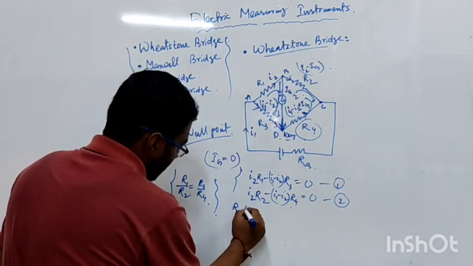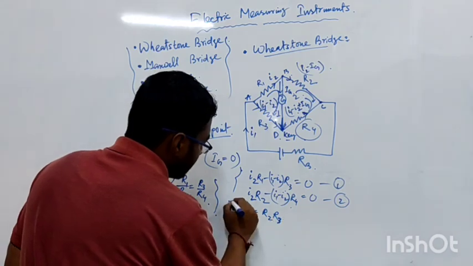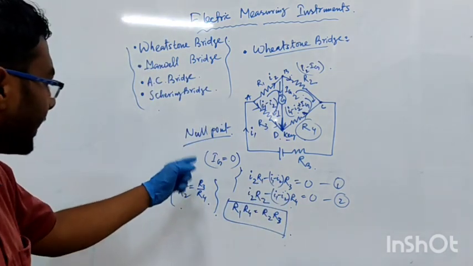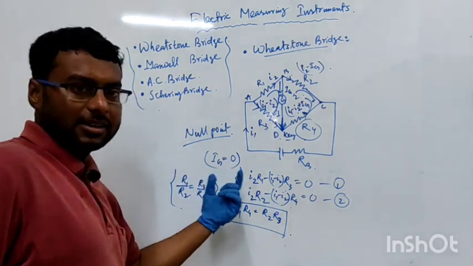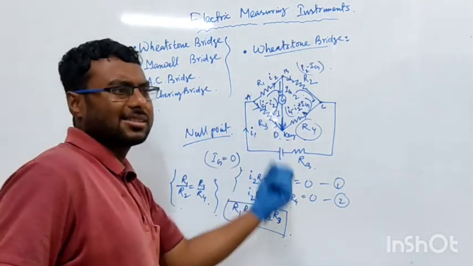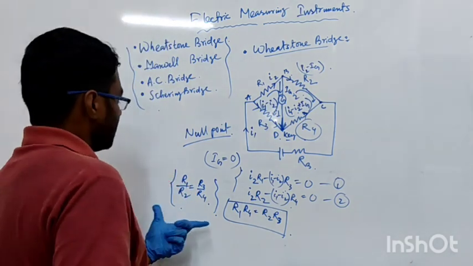That means we can say R1 into R4 equals R2 into R3. That is the condition where we get the null condition, where the galvanometer current is equal to 0 using the key, which is called a jockey. So that is the condition of nullity.